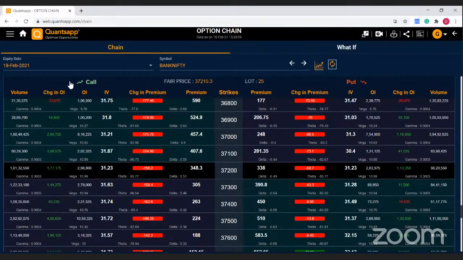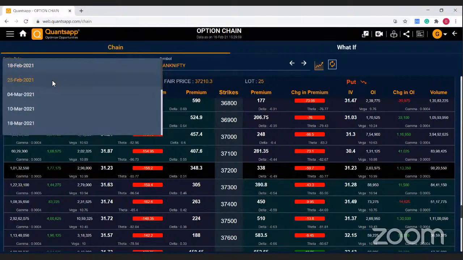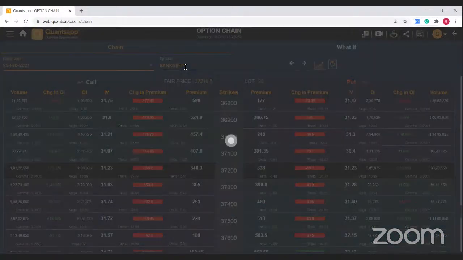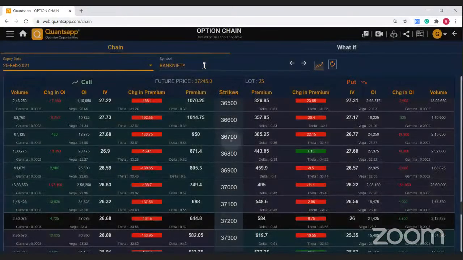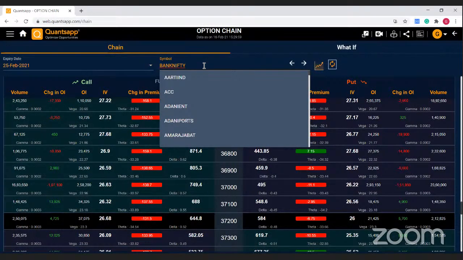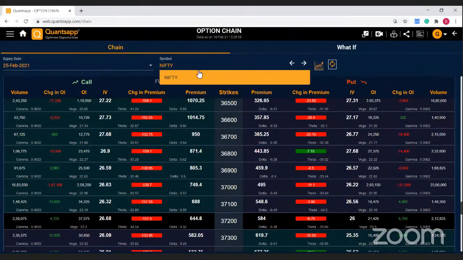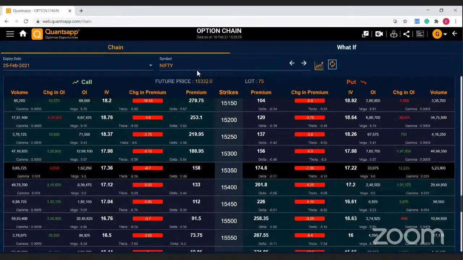Like say, if I take the 25th of Feb expiry, if any one of you have any particular stock to look into, you can tell, or we're going to take Nifty for our example. So you can also put in the chat box if you want to see how the option premium will change as the days to maturity reduce, or how the theta value will impact the option premium.